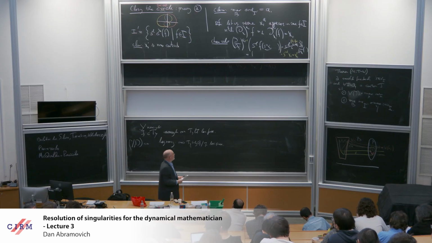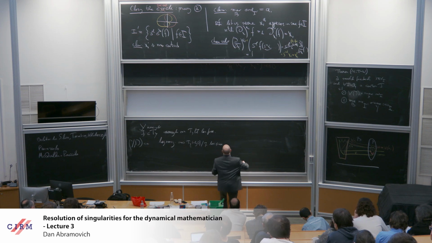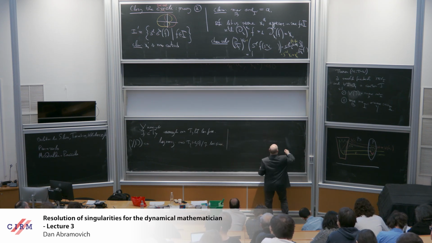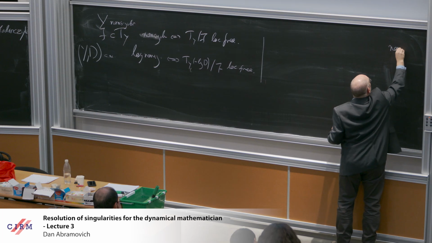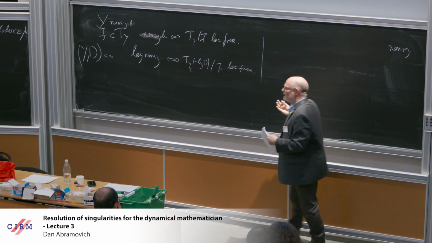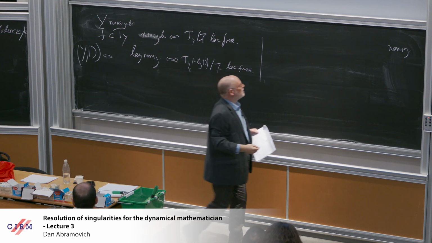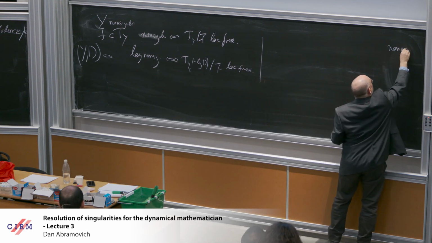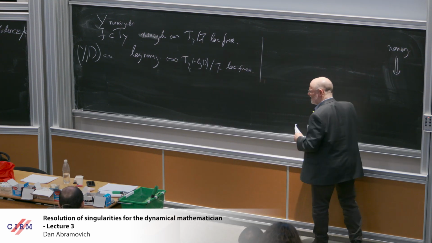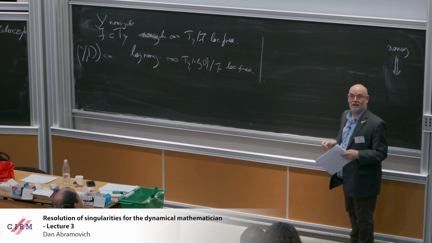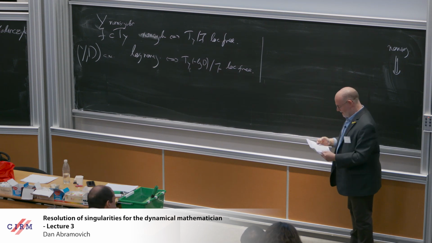So it's a subbundle of the logarithmic tangent space. I want to recall something that you all know very well, that there's a fundamental difference between the two. If you have something non-singular, then the existence and uniqueness theorem says that locally in the Euclidean topology you can integrate it.